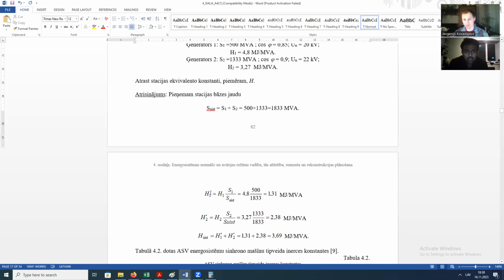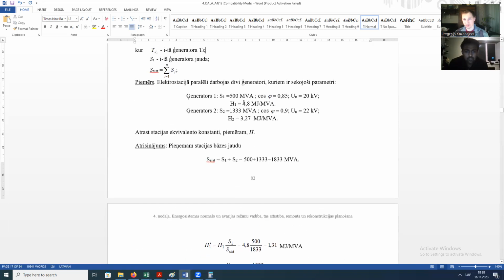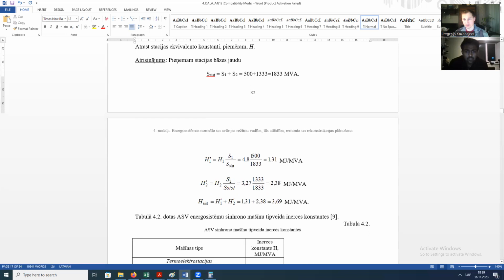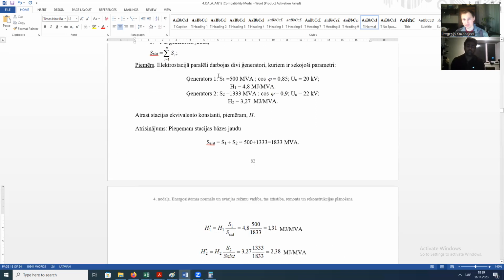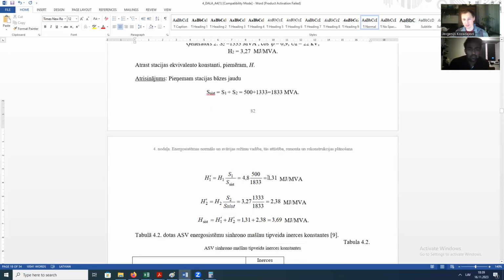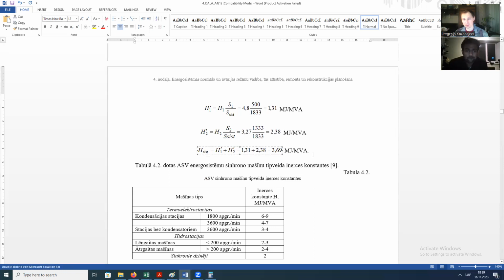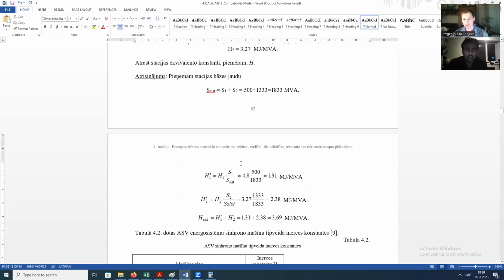For the first one it is 4.8 multiplied by its own power of 500 and divided by the total power, and the same for the second one. When we get the inertia for each part, we make a sum of these 2 parts. I think this is quite clear.